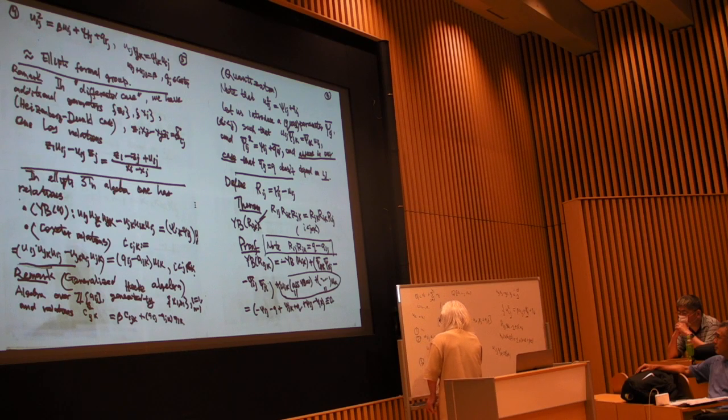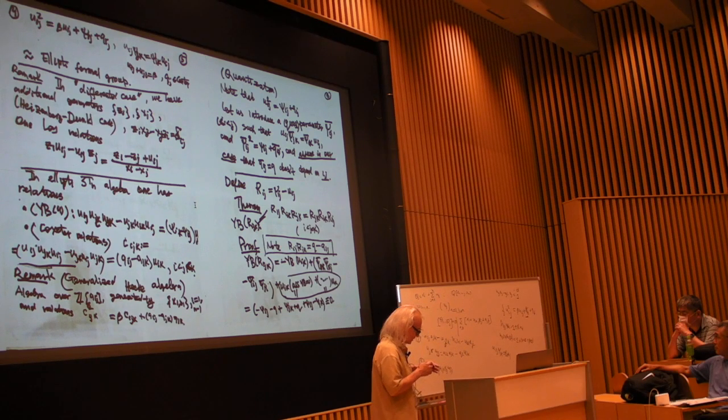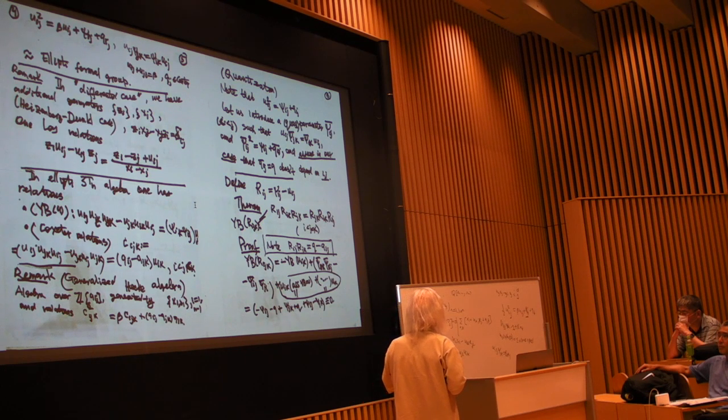What is uij squared? In our case, it is beta uij plus psi ij plus qij. This is a Hecke condition. This works only in cohomology and K-theory.